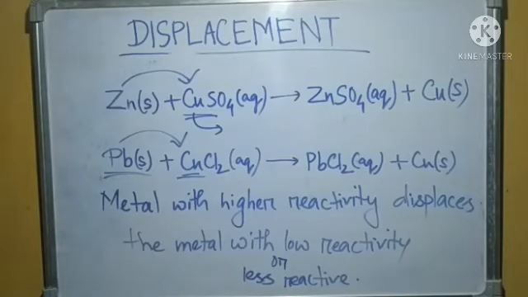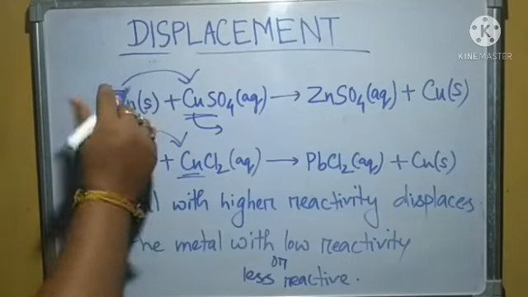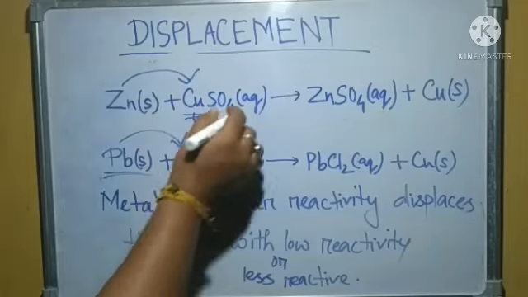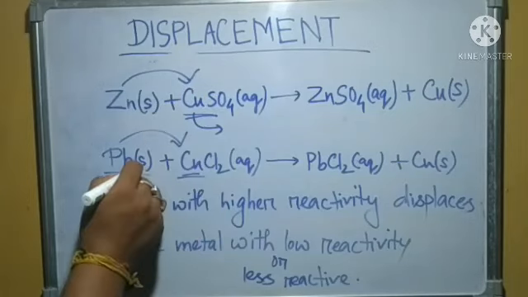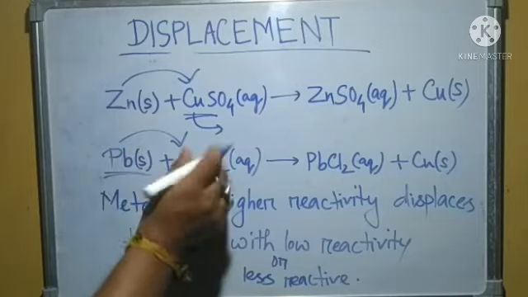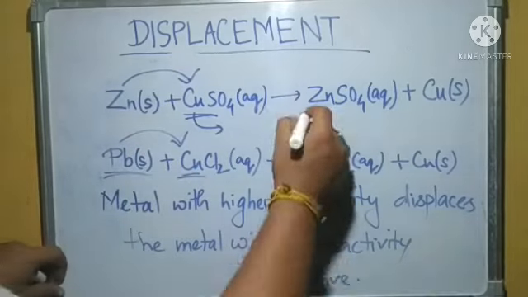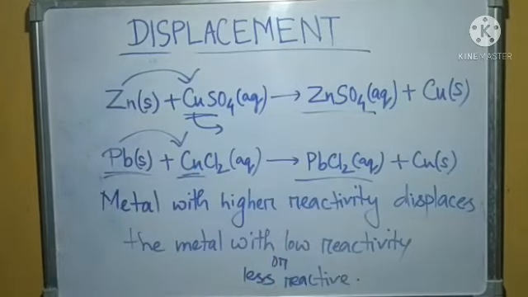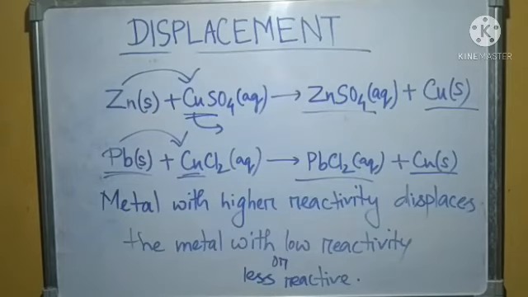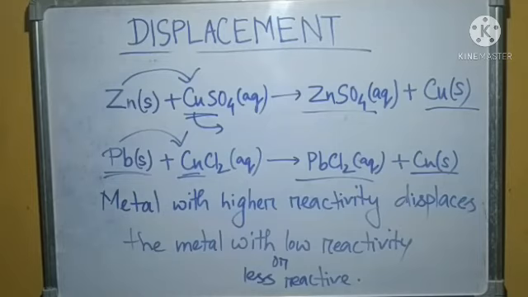We get zinc sulfate here and lead chloride there, and copper is deposited as solid since it is removed from its original solution. So this is what a displacement reaction is.